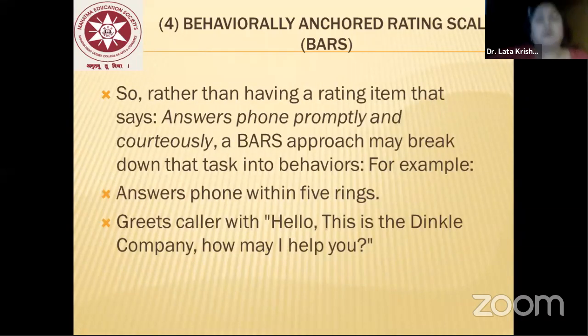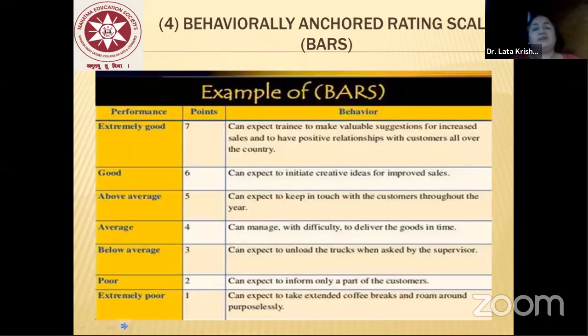So here, this is another example. Here they have given you an example, which I have already given. This is a diagram where they are giving you the attributes under the behavior column, and they are giving you the Likert scale performance, which begins with 1 as extremely poor, 2 as poor, 3 as below average, 4 as average, 5 as above average, 6 as good, and 7 as extremely good.